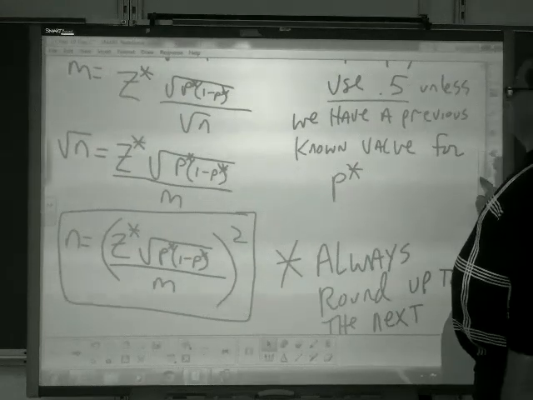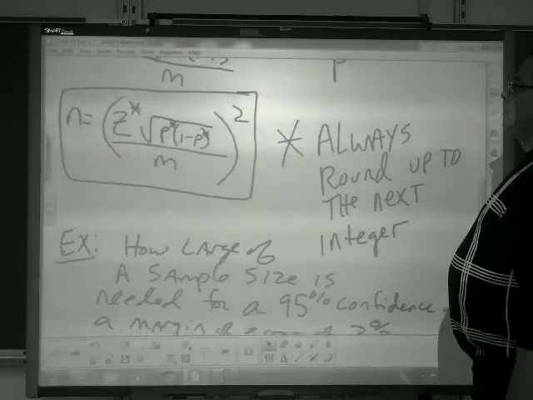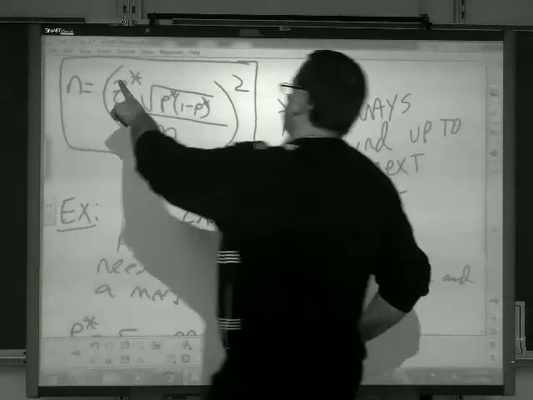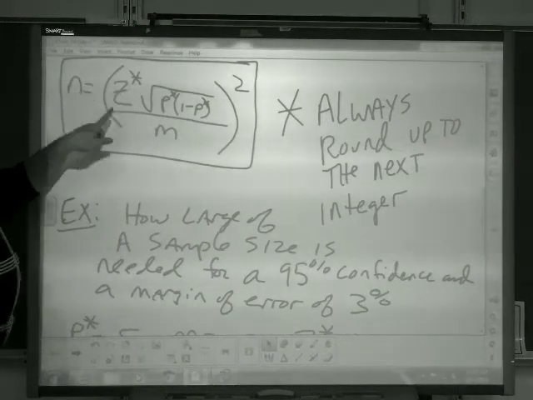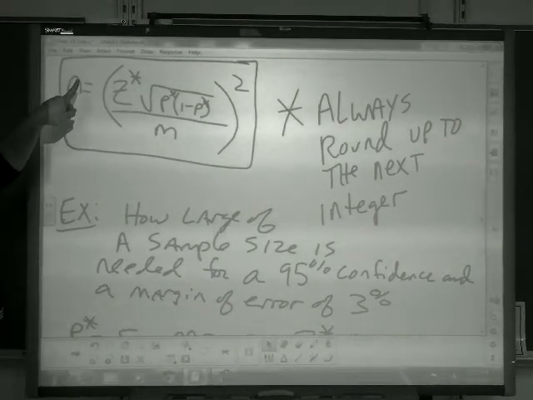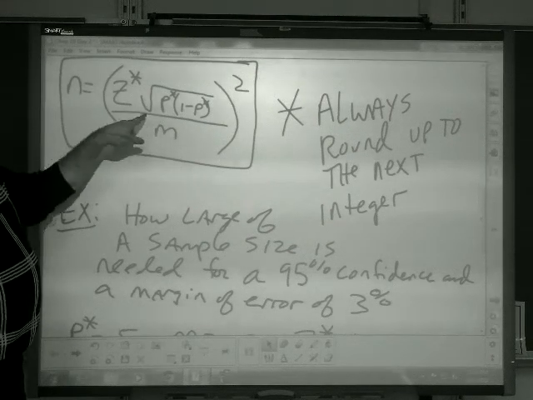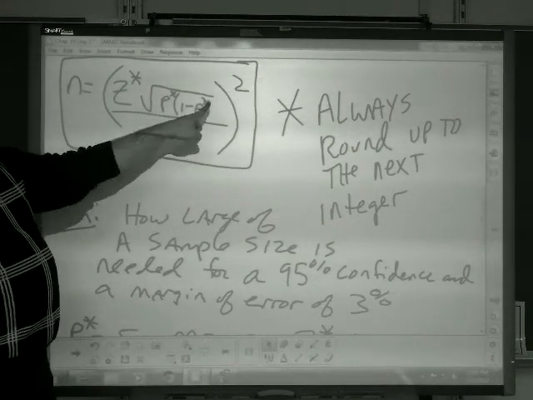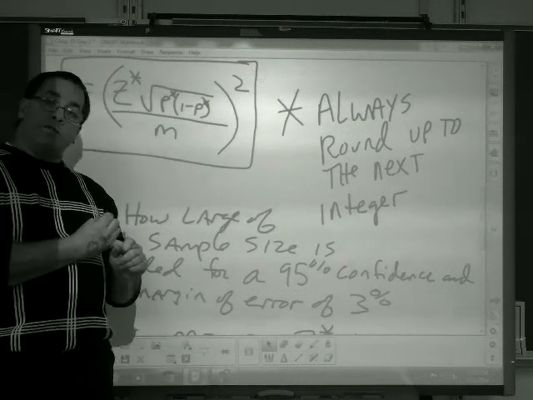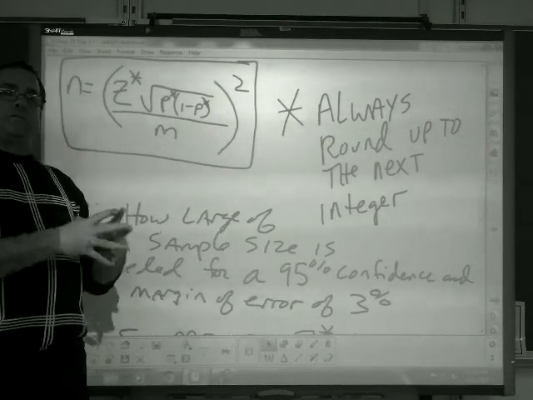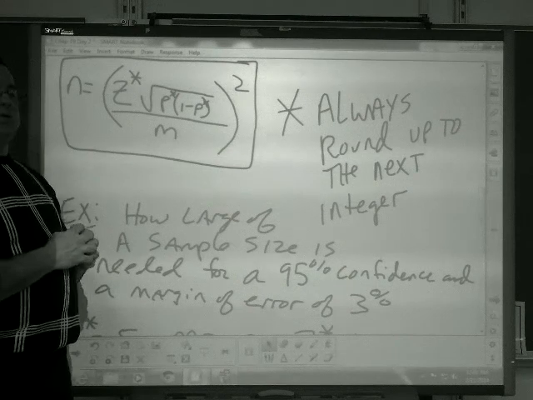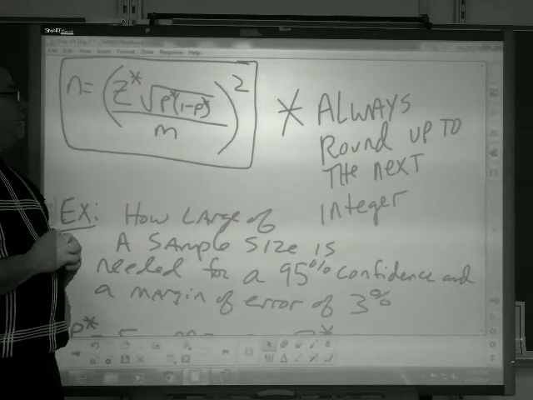So our new formula right here is the sample size that we need for a given confidence level, a given margin of error, and then P star again is going to be 0.5, or if we have previous information, we will use that decimal instead.